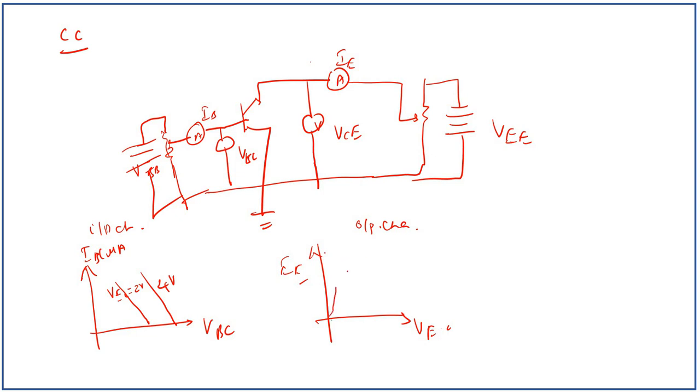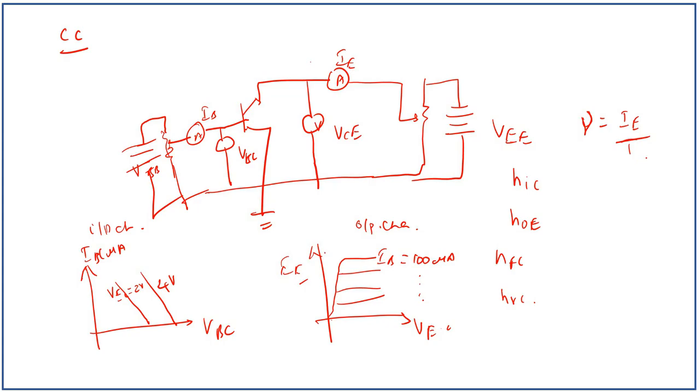So the curve is like this for different values of IB. And the same way we have the H parameters, HIC, HOC, HFC the forward current gain, and HRC the reverse voltage gain. The current gain for common collector is gamma, which is equivalent to IE by IB.